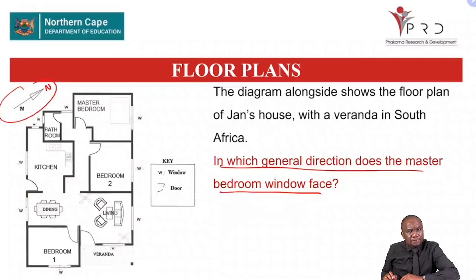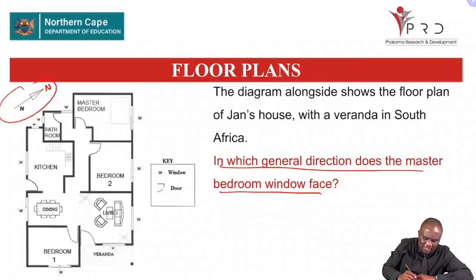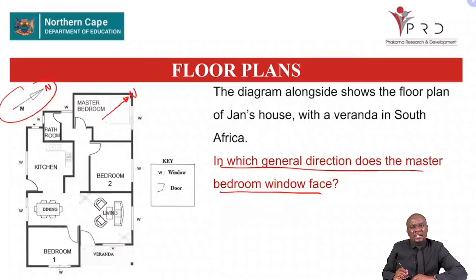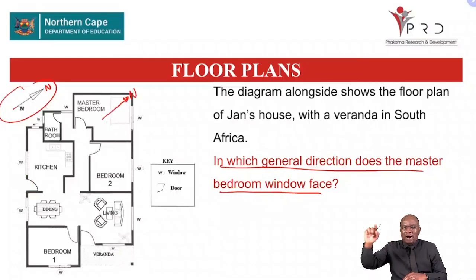Where is it facing? I can come here and draw my compass similar to this one, and put all the directions. So it's like this. This corner is the northern side. We usually go clockwise. You know how the clock moves.